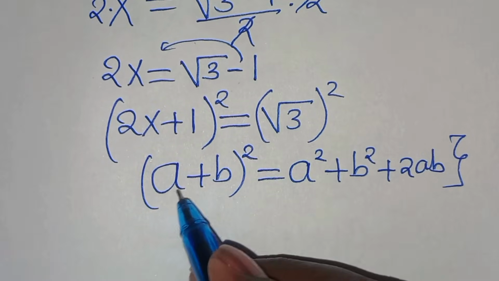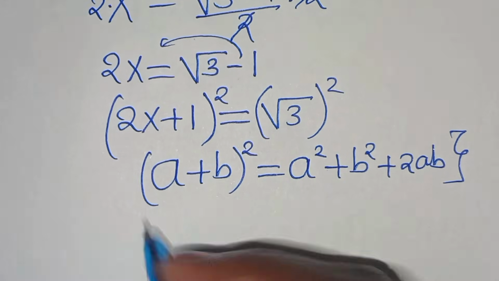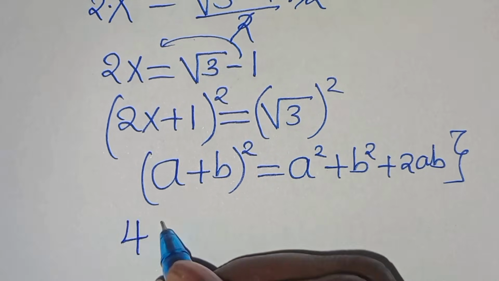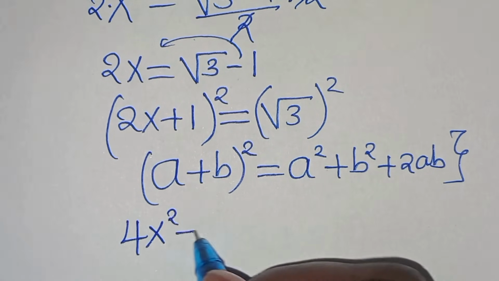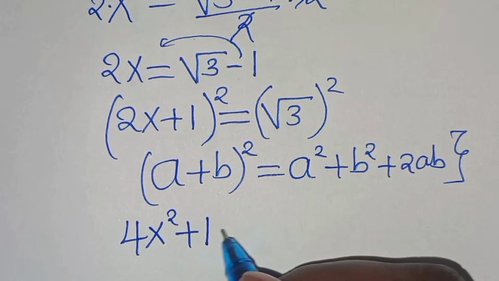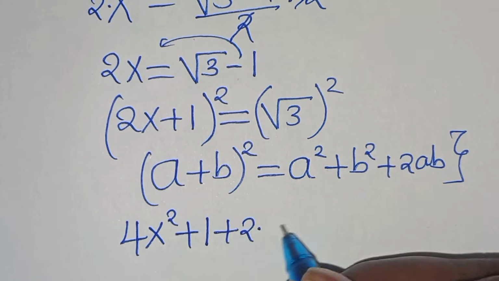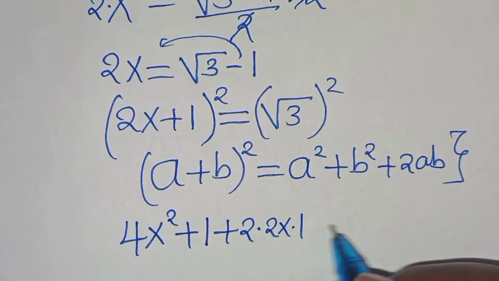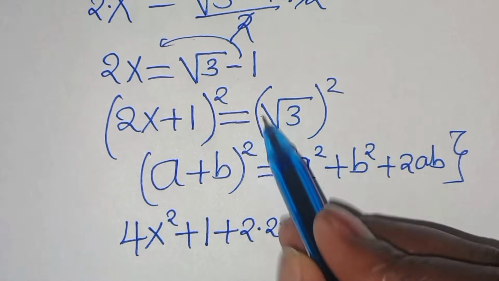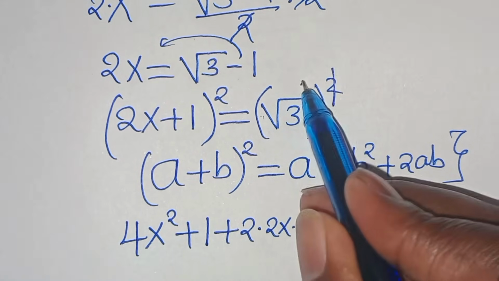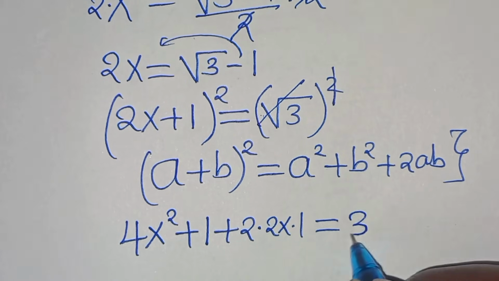Now applying this algebraic identity, here we have 4x to the power of 2, then plus 1 squared, which is 1, then plus 2 times 2x times 1. This is equal to, now the square root of 3 to the power of 2, we can eliminate the square root sign, so this is equal to 3.